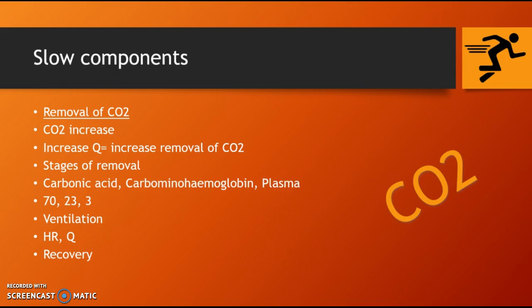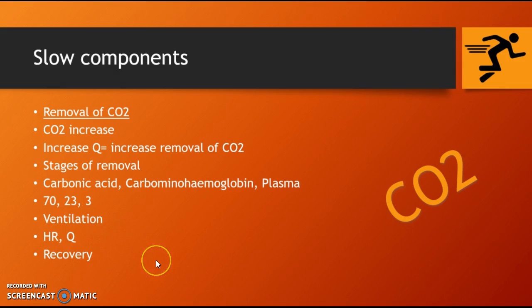The carbonic acid is basically where CO2 combines with H2O. The carbaminohemoglobin is like hemoglobin, but instead of transporting oxygen, it transports CO2, and plasma is just part of the blood. As the CO2 is transported to our lungs, we need very good ventilation.